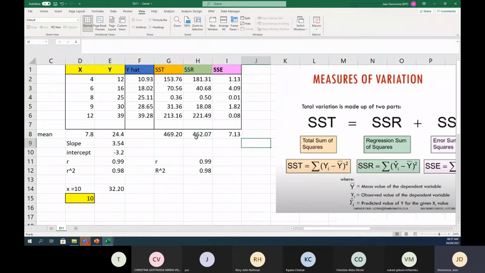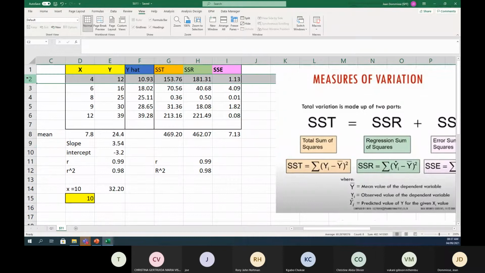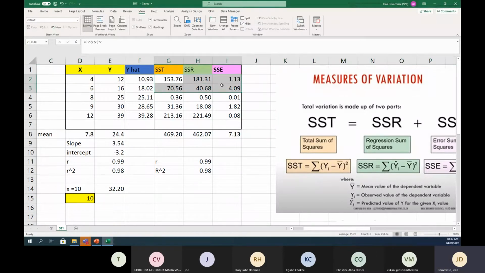The one thing when you calculate this is that it's not on a per individual line that the SST is the same as SSR plus SSE. You must be careful that when you start working, you're not expecting that, because it's only the sums of the squares that are equal: the total sum of squares equals the regression sum of squares plus the error sum of squares.